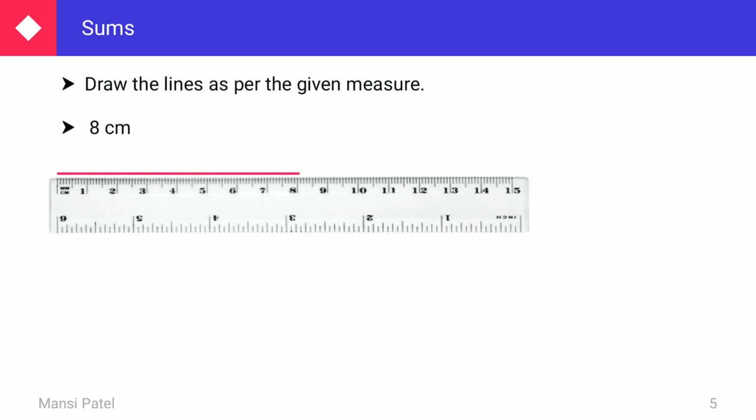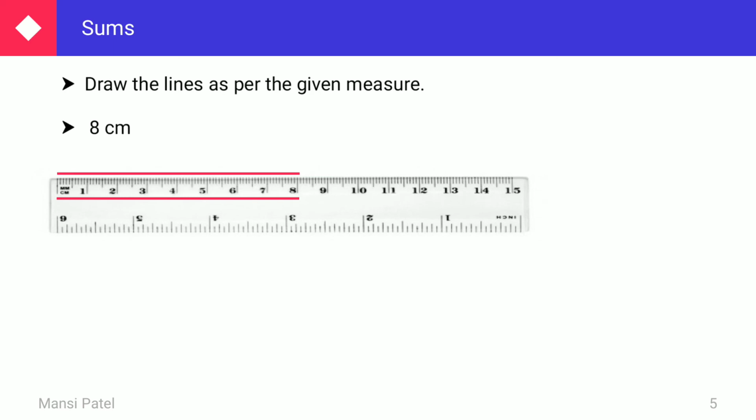See here, the starting point of this line is on 0 and the ending point of this line is on 8. So we can say that this is the line of 8 centimeter. Here in the scale also, you can clearly see the line of 8 centimeter.